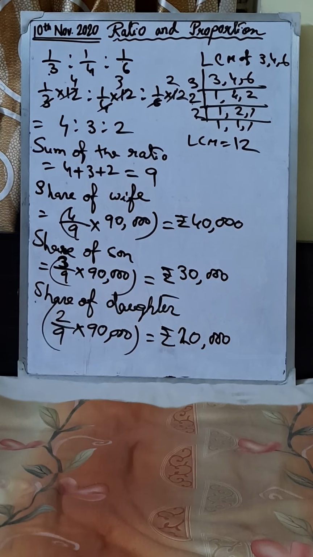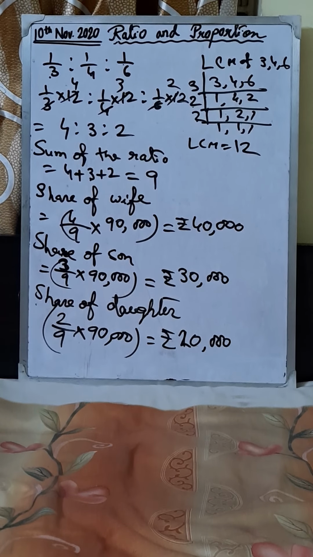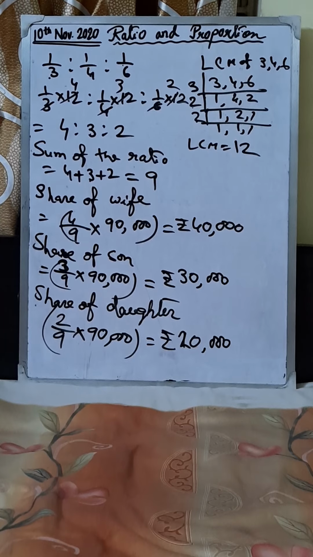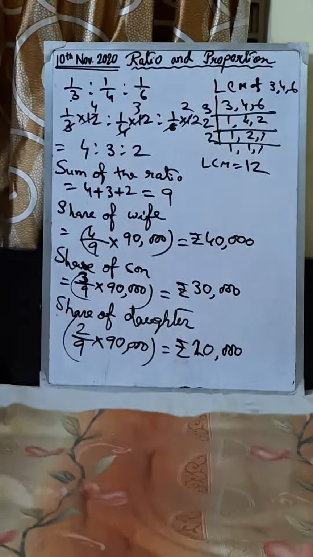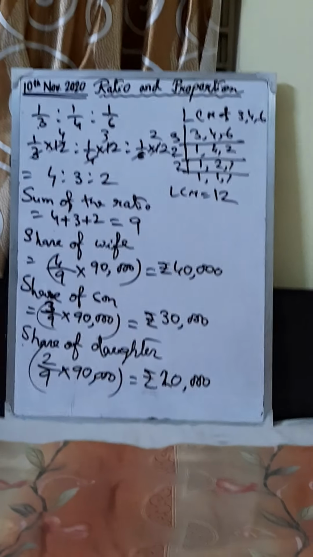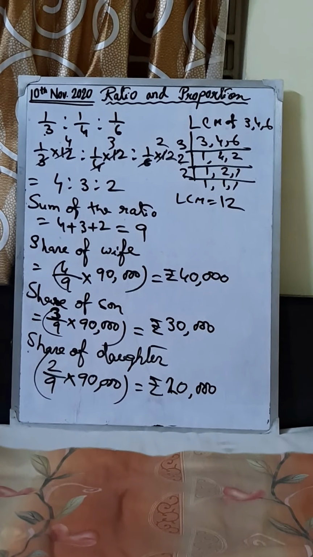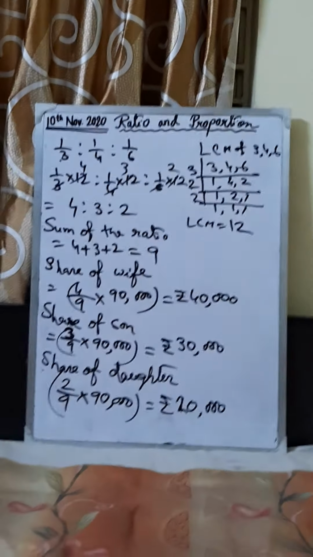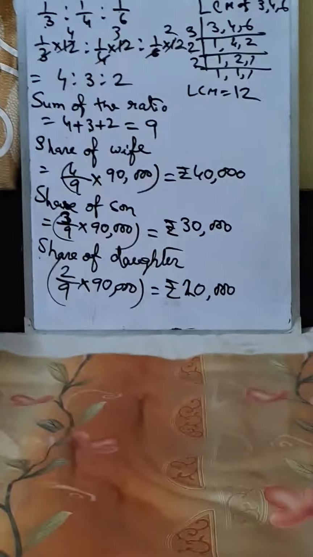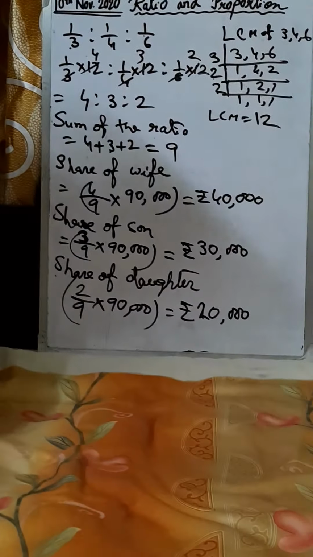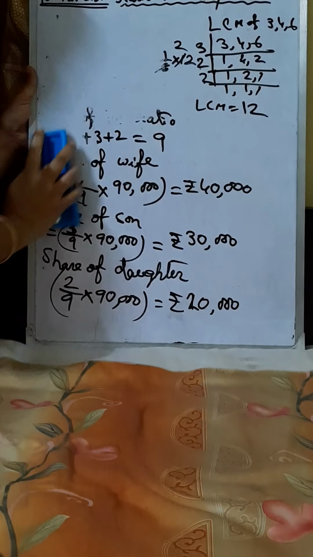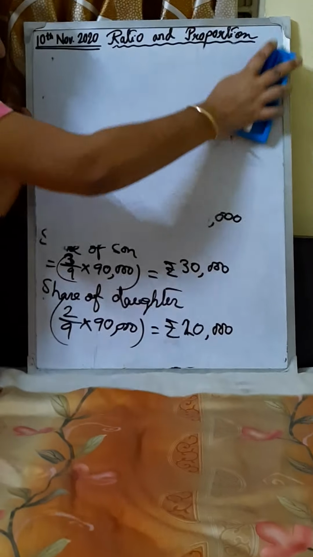A group of soldiers is divided into 2 divisions in the ratio 3:8. If the number of soldiers in the first division is 5,100, find the total number of soldiers in the group.